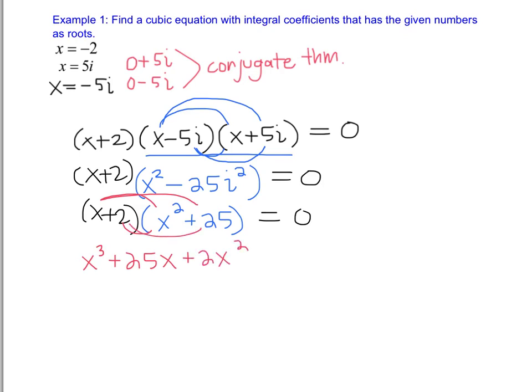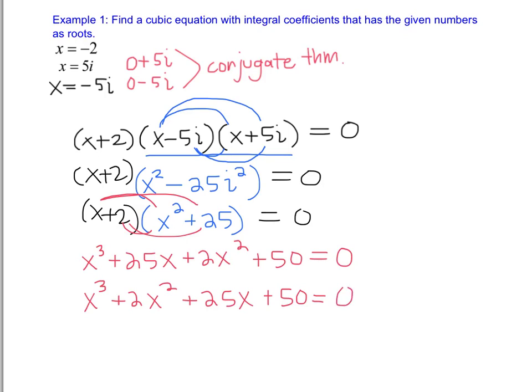And then 2 times 25 is 50. We want to write this in standard form, so we want our degrees to be decreasing. So I'm just going to rewrite it like this. And there it is, a cubic equation that if we went back and solved it, would have the 3 roots that were given to us as a solution.